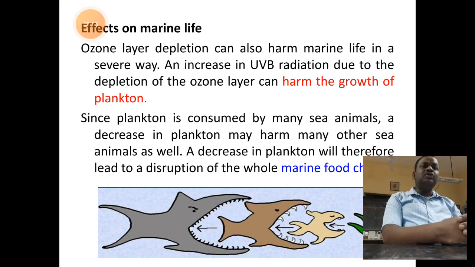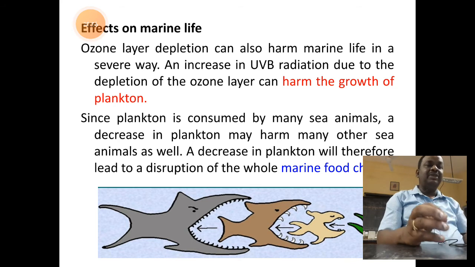Then, ozone layer depletion affects marine life such as the growth of the planktons. The microscopic plants and animals present in the water bodies are affected by the passage of UV radiations. Thus, planktons reduce in number in the water body.